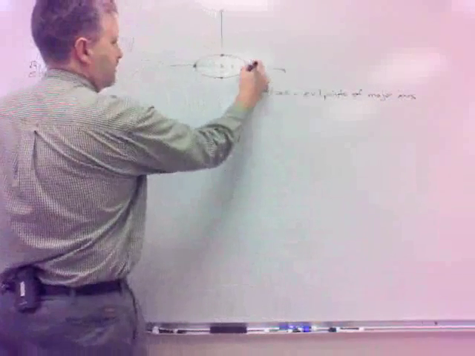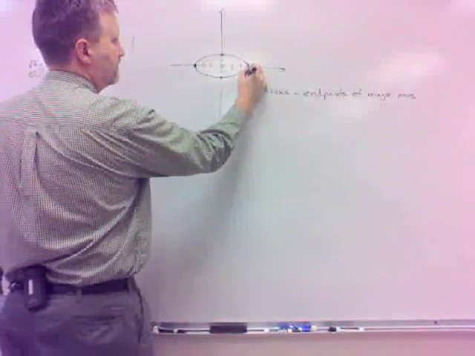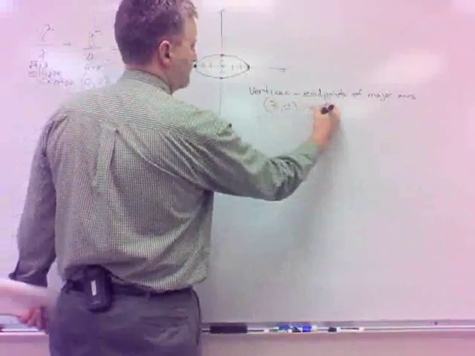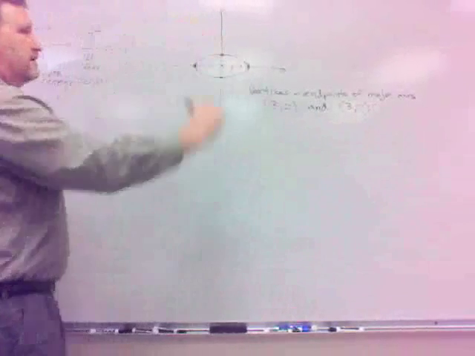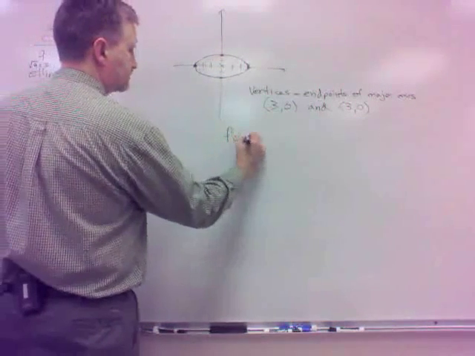So in this case, the longer axis is here and here, so that point, which is 3, 0, and negative 3, 0, plus or minus 3, 0 if you want. That's the vertices. These other points are not called the vertices. It's the endpoints of the major axis. Okay? Well, let's talk foci here.